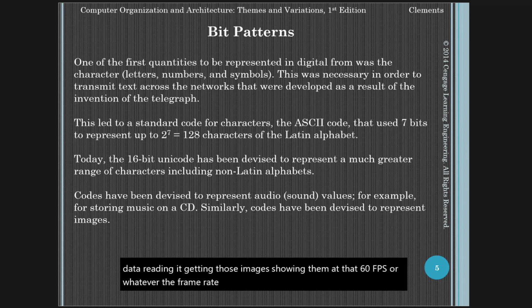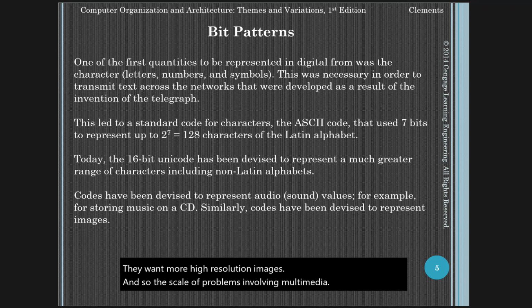So it would be reasonable to say that progress in high performance computing technology over the last decade has been driven by the needs of multimedia. People want more video content, they want more high resolution images, and so with the scale of problems involving multimedia, we have to think about how our computers process all of this information as quickly as we need it to.